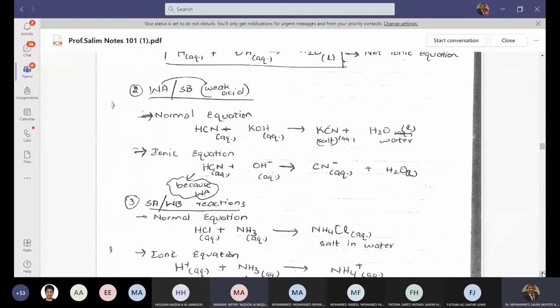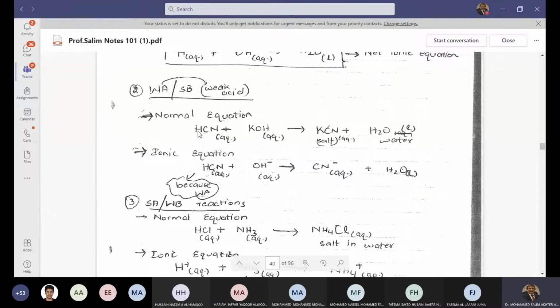The second classification is weak acid, strong base. I have taken HCN. If you don't like HCN, you can try something else.